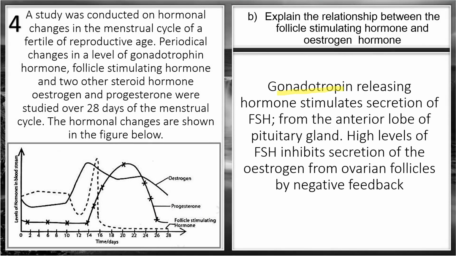The gonadotrophin releasing hormone stimulates the secretion of follicle stimulating hormone from the anterior lobe of the pituitary gland.